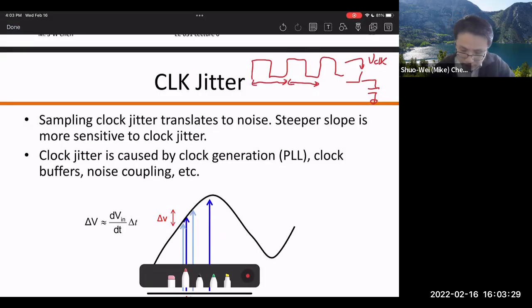However, in real life, this clock will have noise. If you look at this rising edge here, sometimes it rises later, sometimes it rises earlier. Likewise, when falling, sometimes it falls earlier, sometimes later.